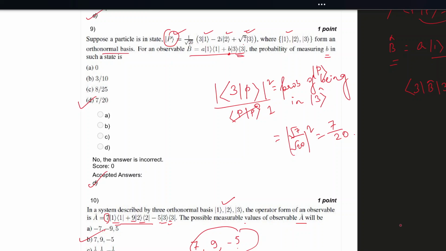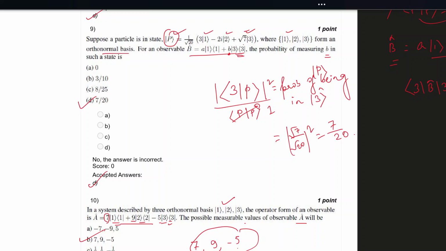The expectation value depends on what state you are taking it on. Here, because no particular state is given, the state you will be taking will be an individual basis state like 1, 2 or 3, and based on which basis state you are at, the measured value will be different: 7, 9 or minus 5. So this is your correct answer, option number D.